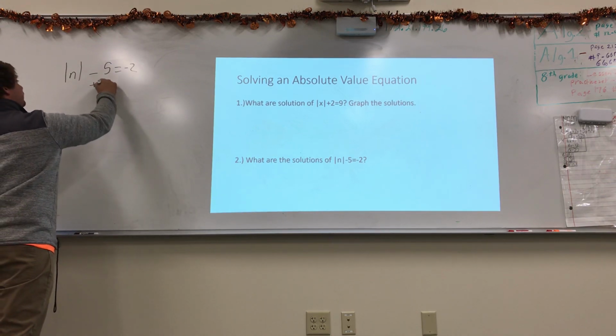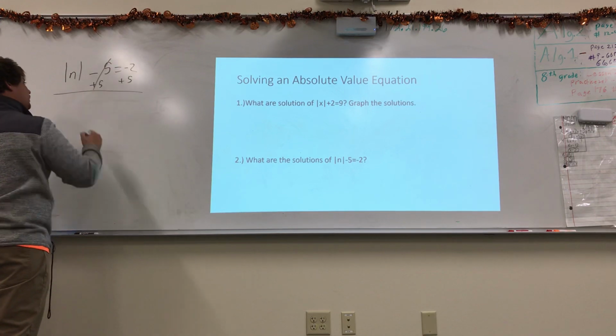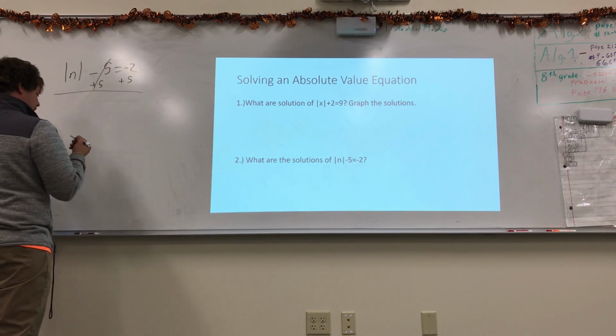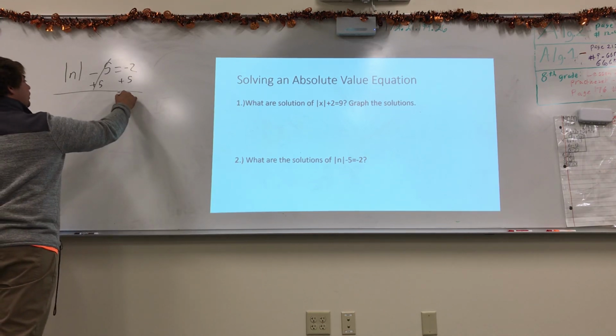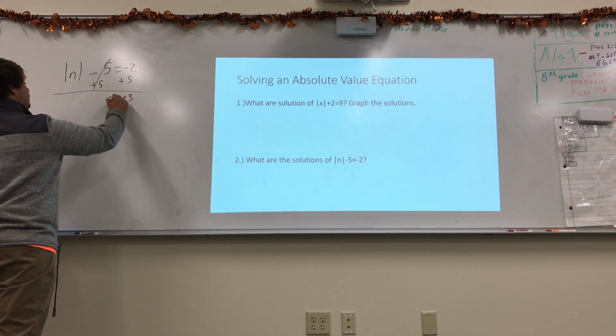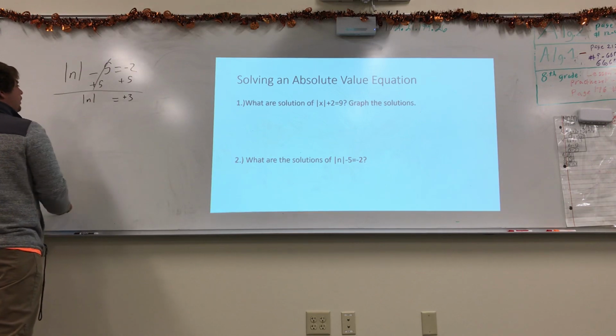Add 5, add 5. What you do to one side, you must do to the other. Okay, we end up with positive 3. So the absolute value of n equals positive 3.